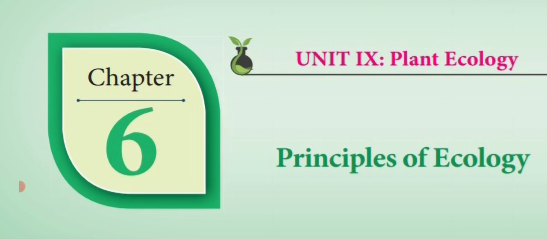The relation between the algal and fungal partner is known as lichens. The relationship between the root of higher plants and a fungal partner is known as mycorrhiza. So these are all the different examples of mutualism.